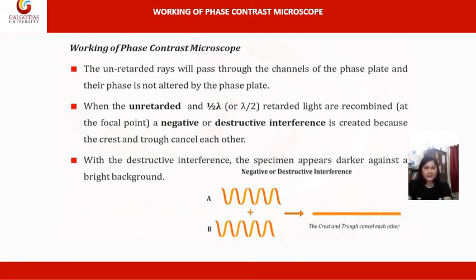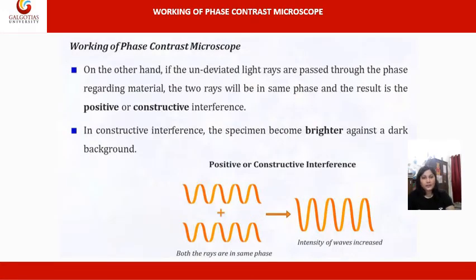On the other hand, if the undeviated light rays pass through the phase retarding material, the two rays will be in the same phase and the result is positive or constructive interference. In constructive interference, the specimen becomes brighter against a dark background.